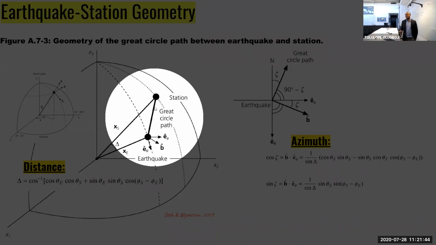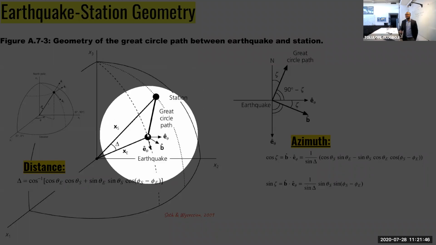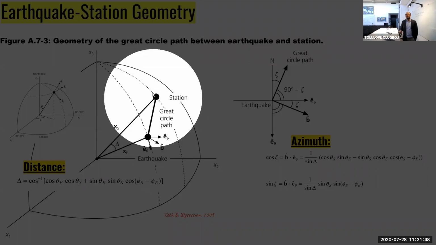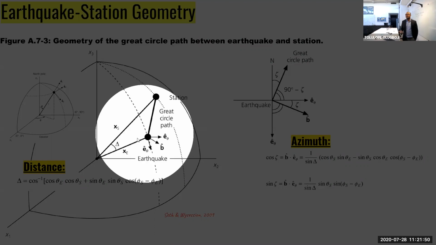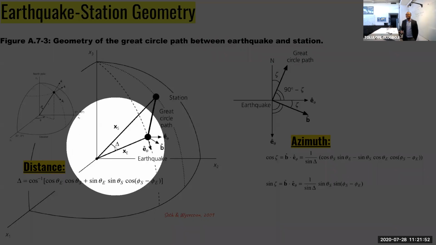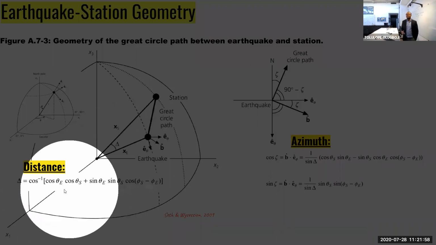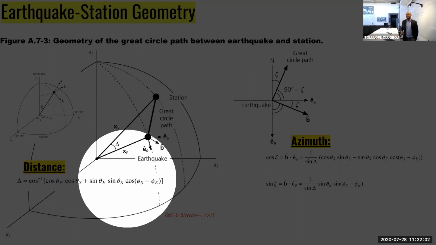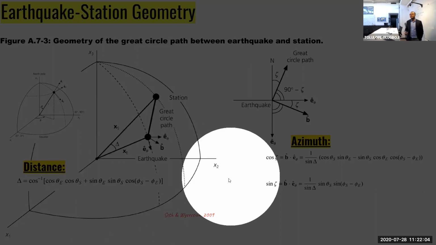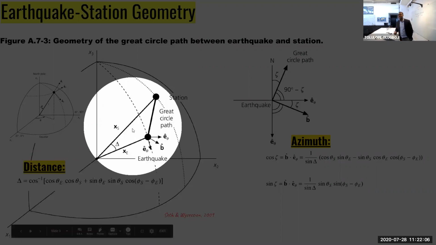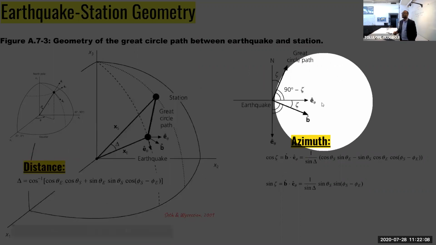So here is, for example, a station, and here's the location of an earthquake. So two dots, one station, one earthquake. And then you can measure the arc distance, delta, by this formula here, which is a function of the station longitude and latitude, and the earthquake longitude and latitude. And that's the geometry of that situation.